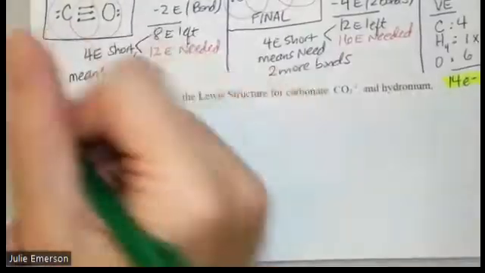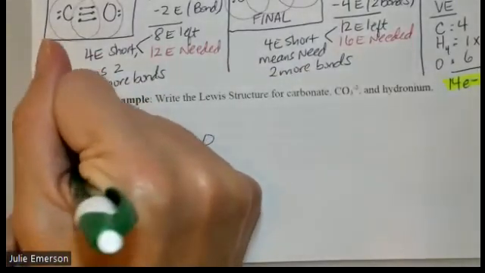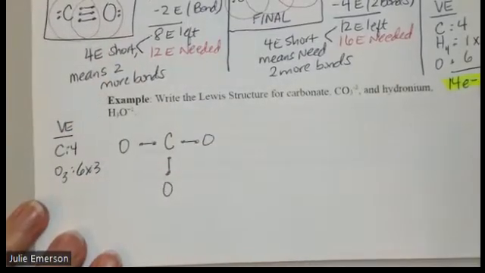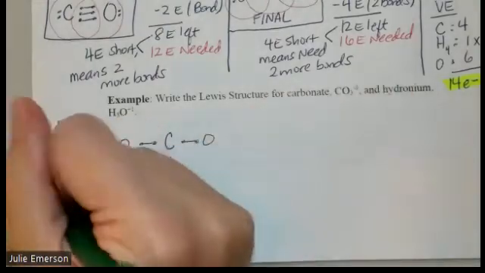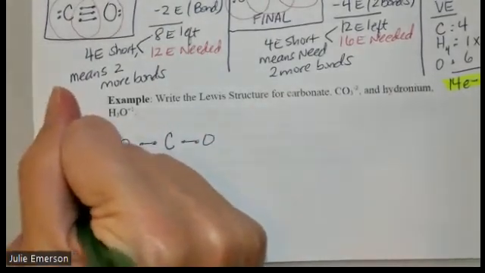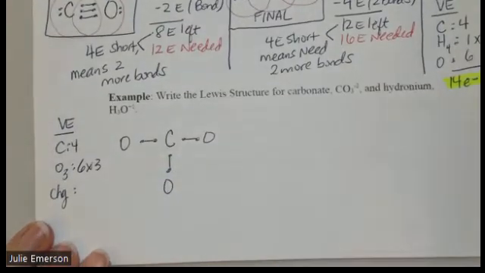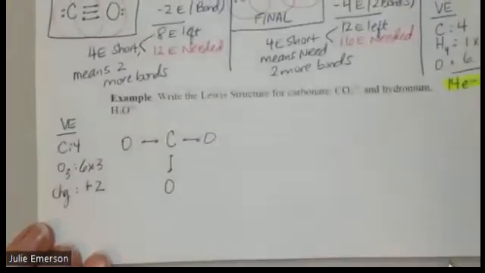And then I'm going to go and look at my valence electrons. Carbon comes in with 4. Each oxygen comes in with 6, but since there are 3 oxygens, I have to multiply that by 3. And then the -2, because there's a charge on here, I have to think about what that does to my electron count. -2 means there are 2 extra negative particles here, so I have 2 extra electrons.